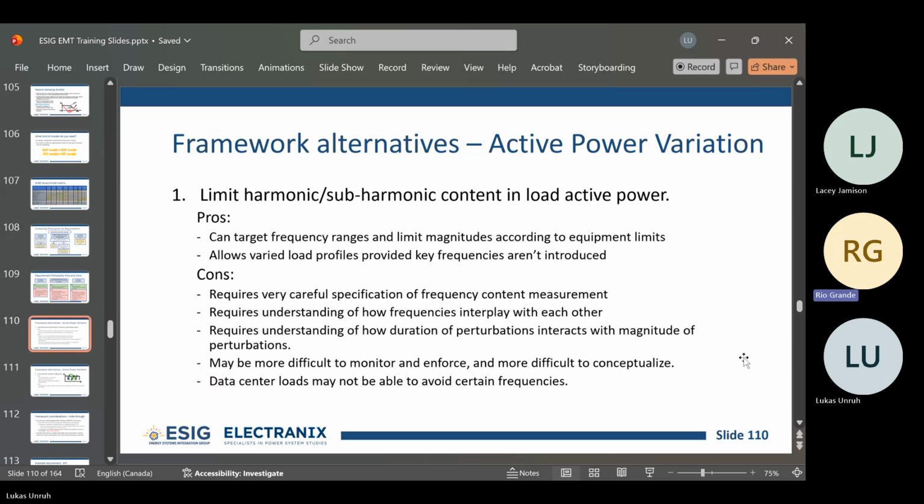So there's probably going to be a time sensitivity there as well, and we don't exactly know what to put there yet. And it may be difficult to monitor and enforce, and may be difficult to conceptualize compared to some other methods. And also, you might just have data center loads that might not be able to avoid certain frequencies. Again, this is not necessarily your problem if you're setting the requirement.